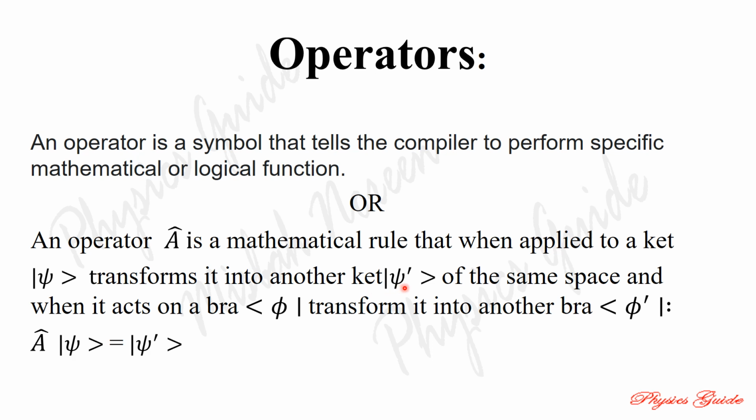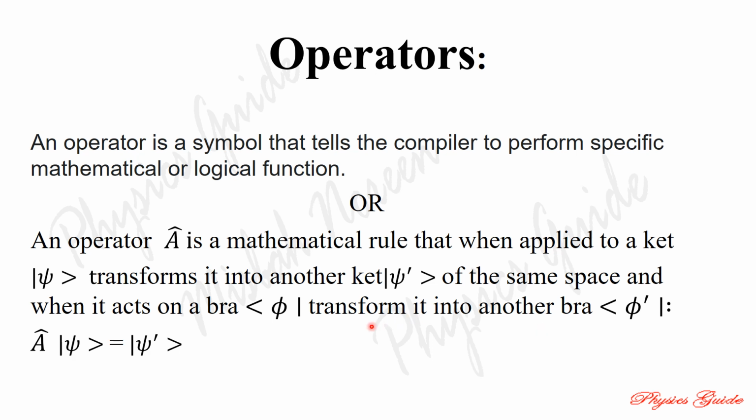If we apply an operator, it changes the state of the ket vector psi, within the same space. It means psi dash and psi belong to the same space. And when it acts on a bra, or state vector phi, it transforms it into another bra, or state vector phi dash.